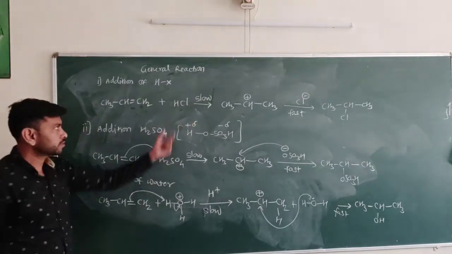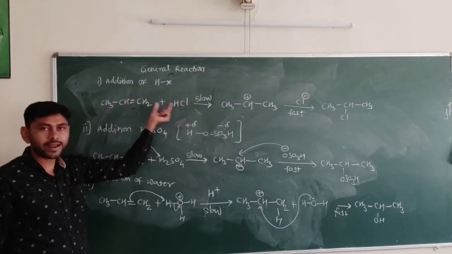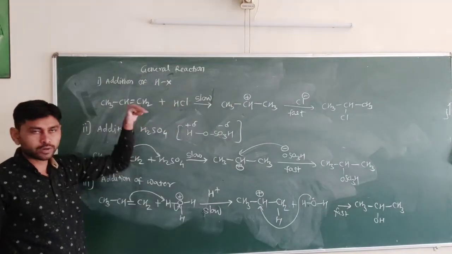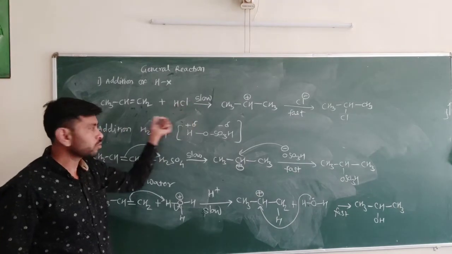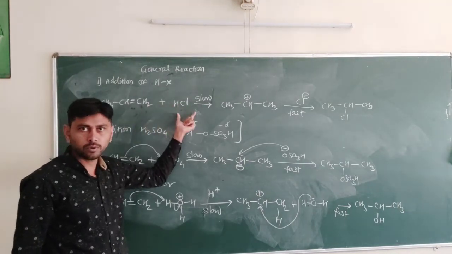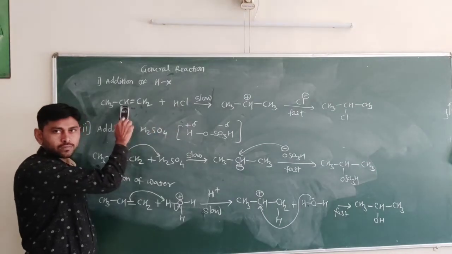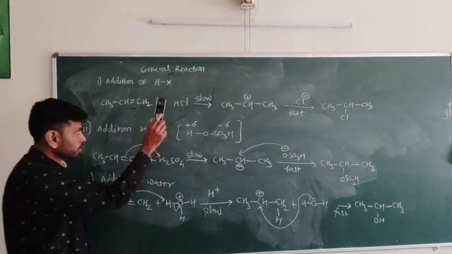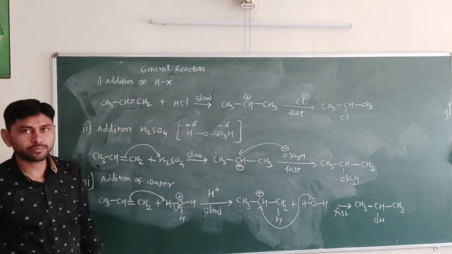In this slow step, both reagent and substrate are involved. So the rate of this reaction always depends on the concentration of both, that is concentration of HCl as well as concentration of propylene. So this is the first point in support of the mechanism.